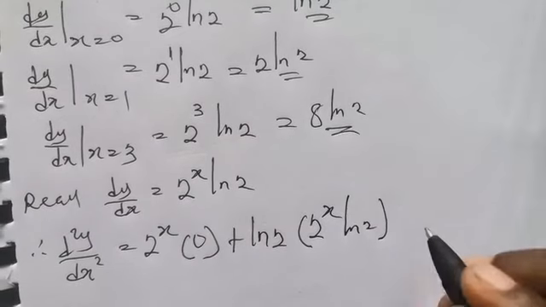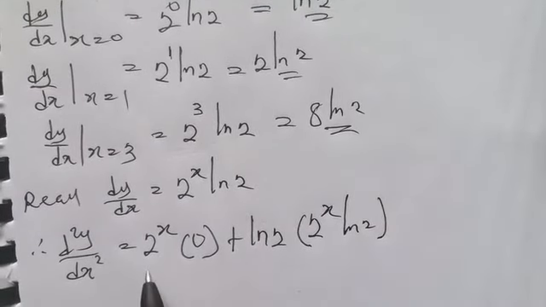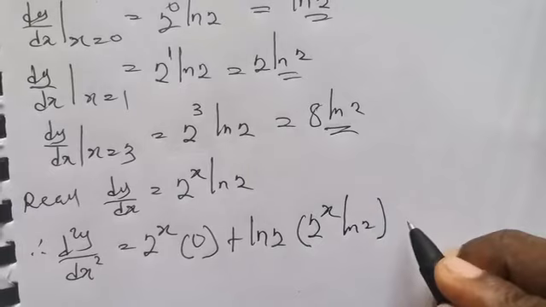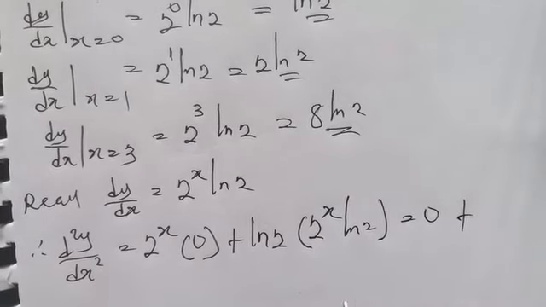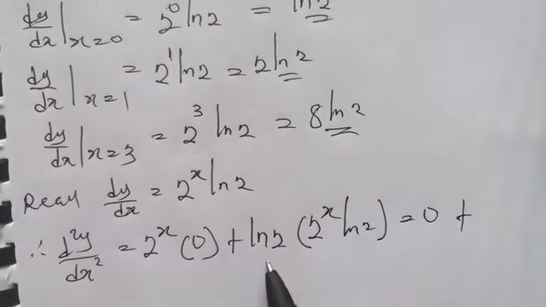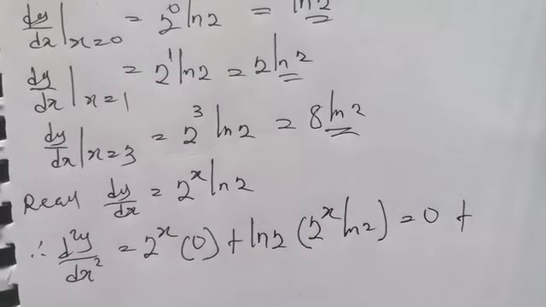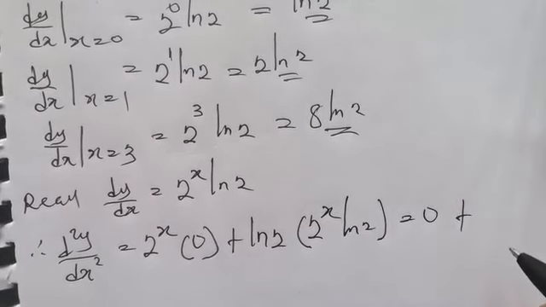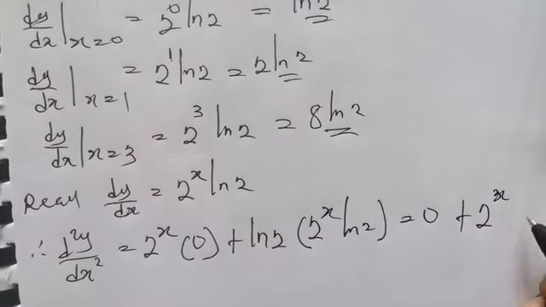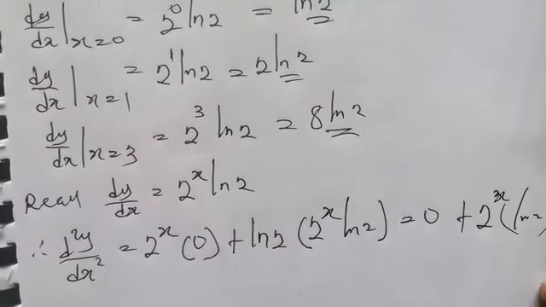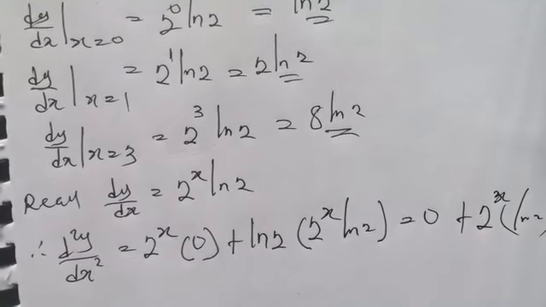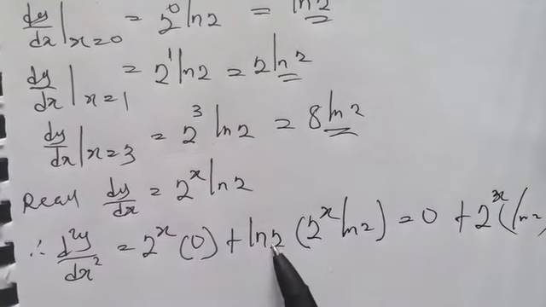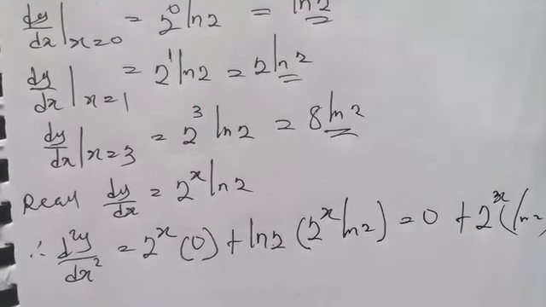So this is actually going to be equal to 2 to the power of x multiplied by 0, which is 0, plus 2 to the power of x ln 2 times ln 2. That simply gives us 2 to the power of x times ln 2 all squared, because I have ln 2 multiplying ln 2, which gives ln 2 squared.